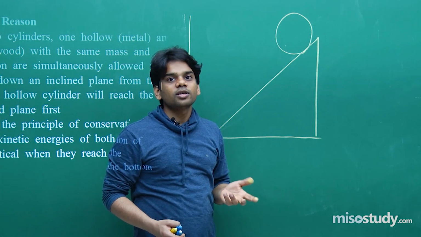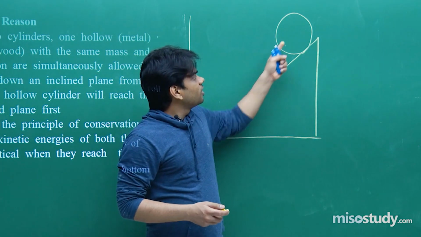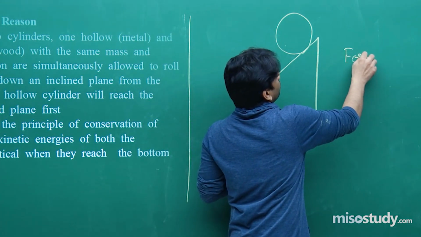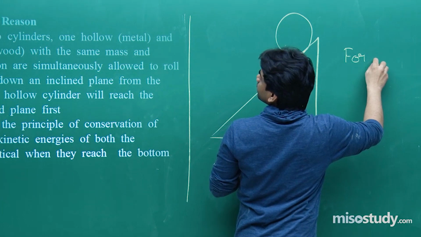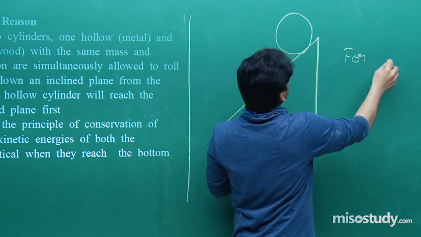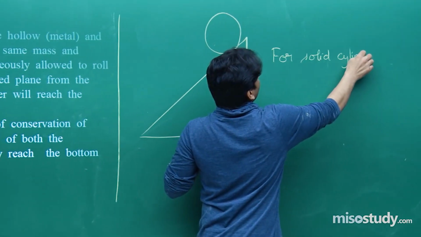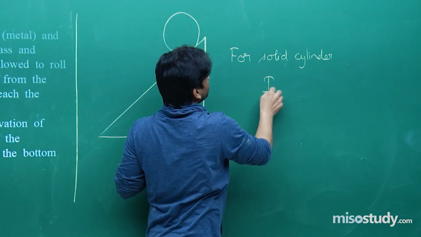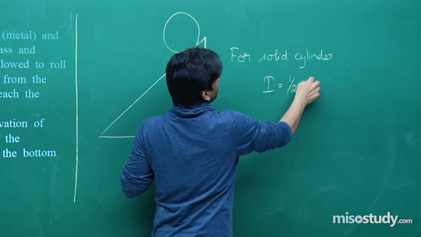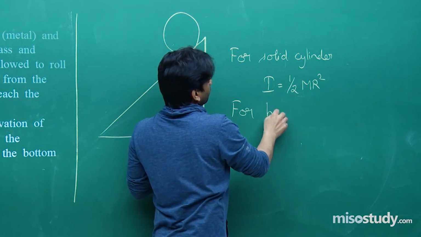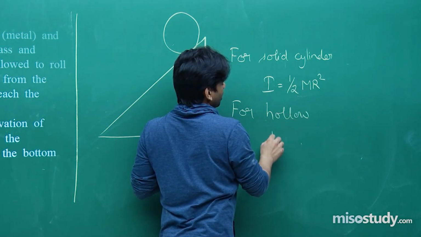Now see, for a solid cylinder we have moment of inertia as 1 by 2 mr square, and for hollow we have moment of inertia as mr square.